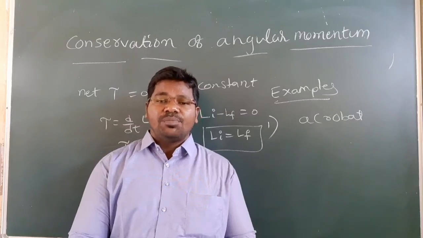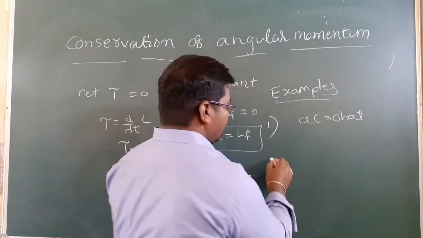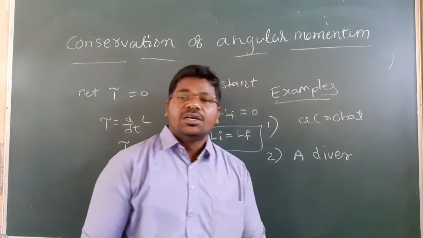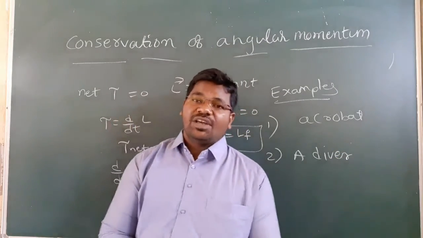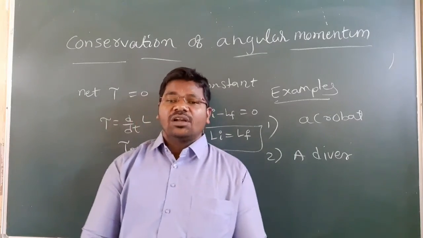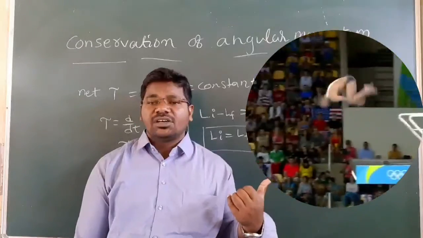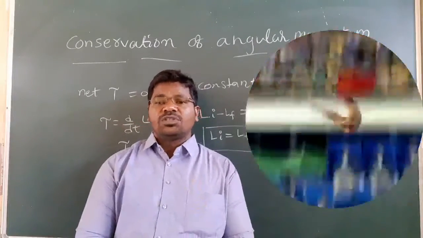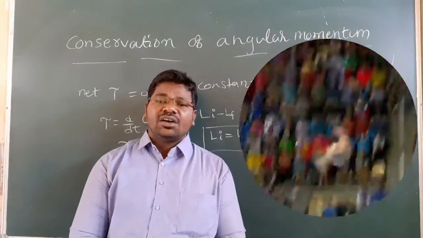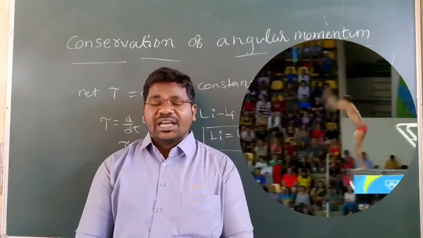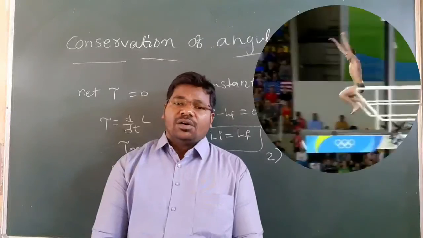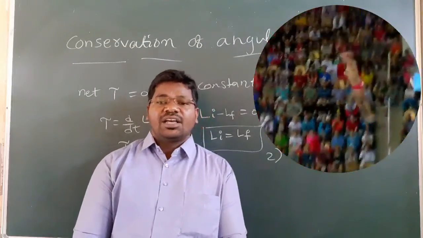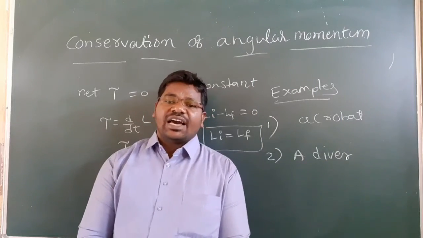And the second example, a diver. You know very well about a diver. A diver performs a somersault by jumping from a high diving board, keeping his legs and arms stretched first and later curling his body.